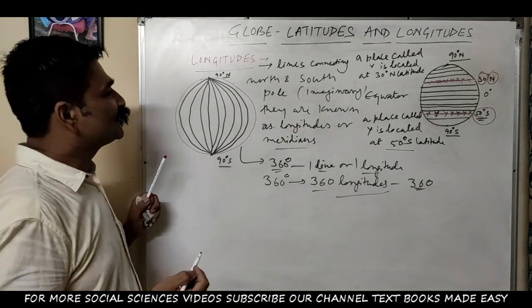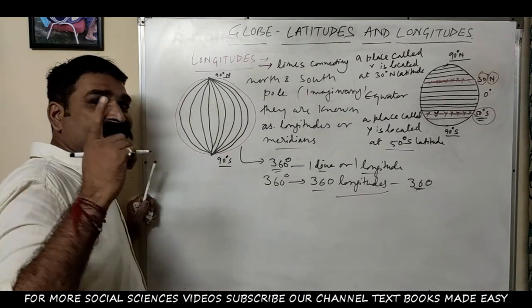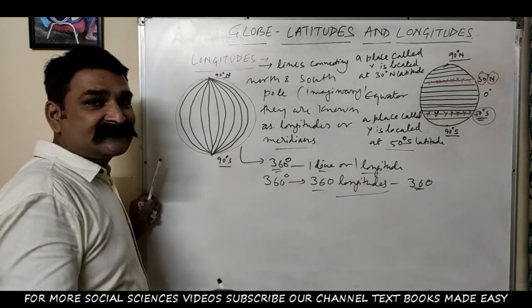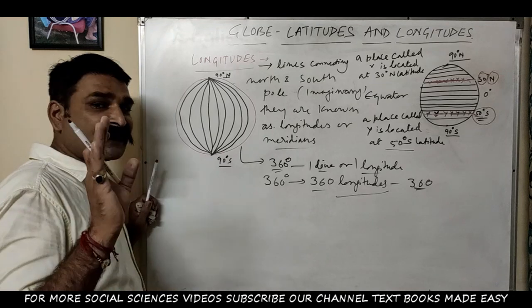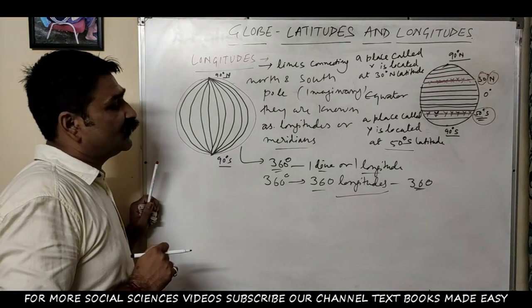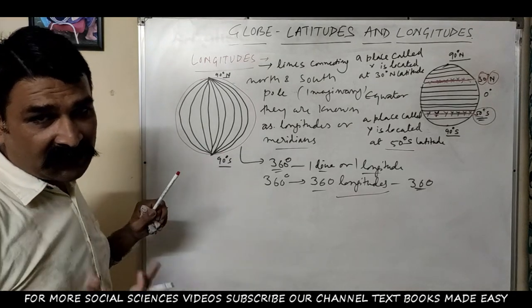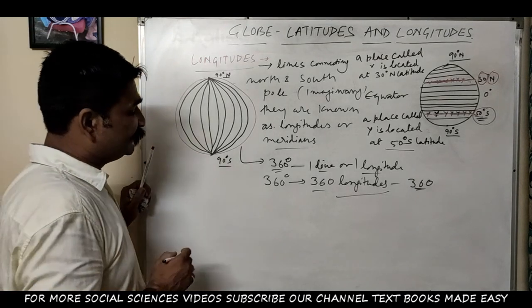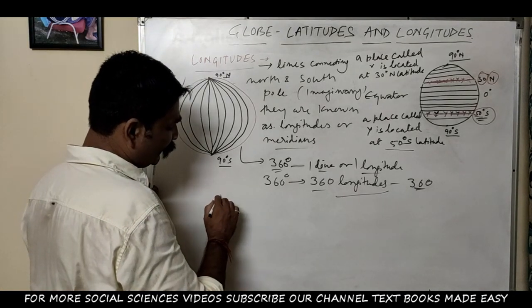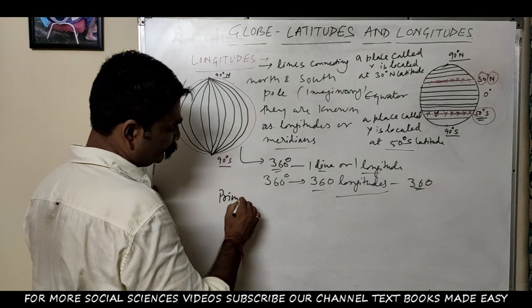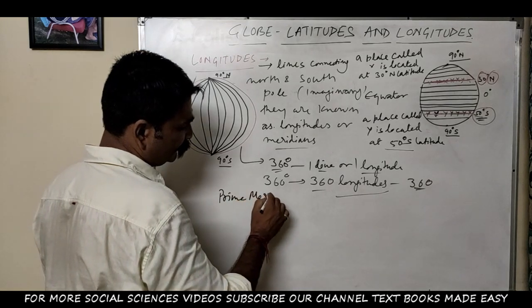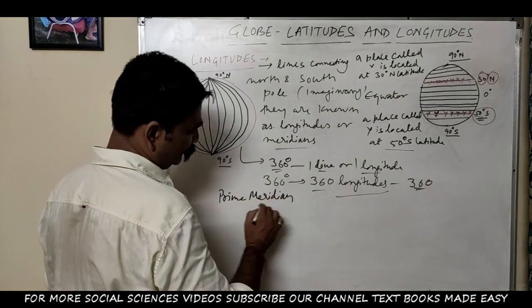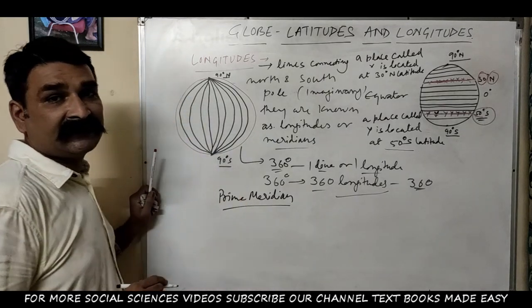So the starting longitude, from which we count the longitude, is known as the prime meridian.